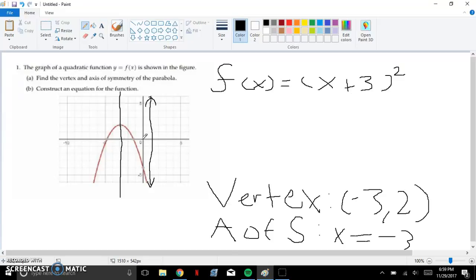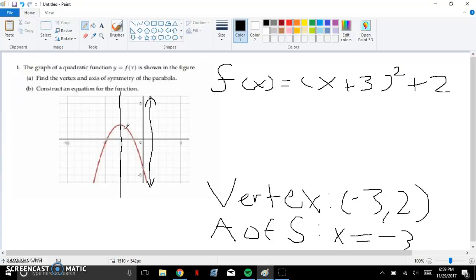So we're moving negative on the graph, so that means it's positive as a shift, only in the horizontal plane. Now in the vertical plane, obviously we moved up 2. So this goes over here, outside the parentheses, and is the same sign as it is on the graph, +2.